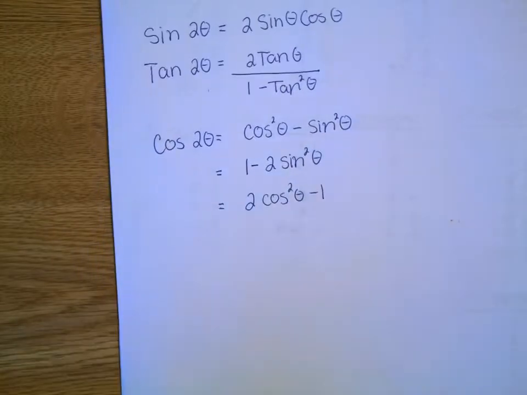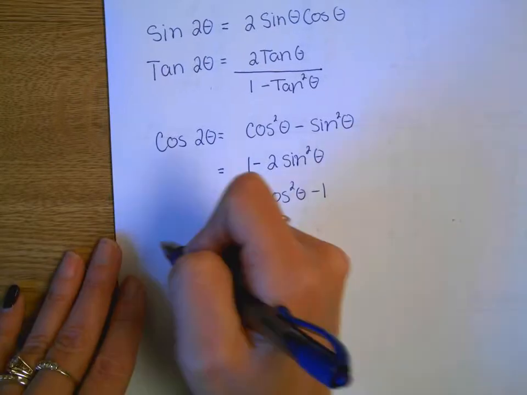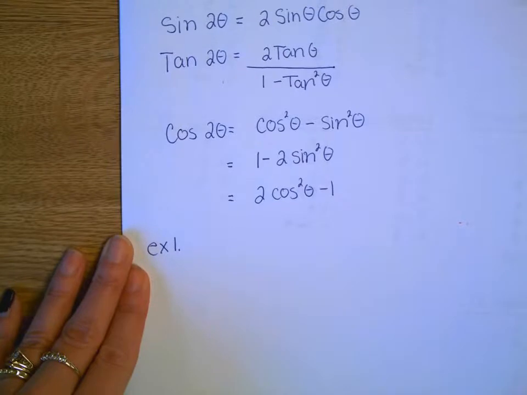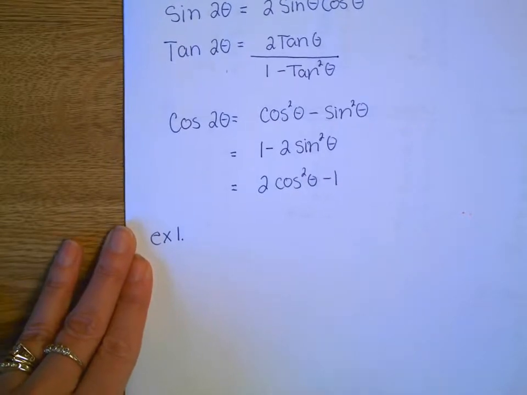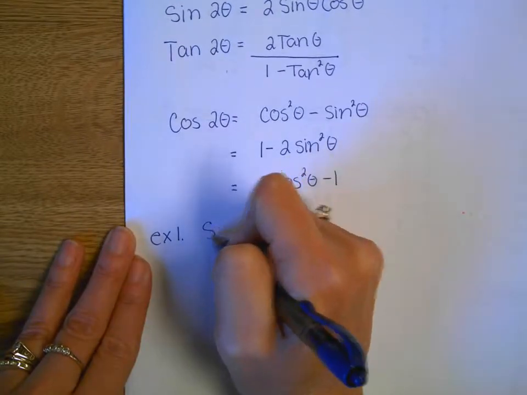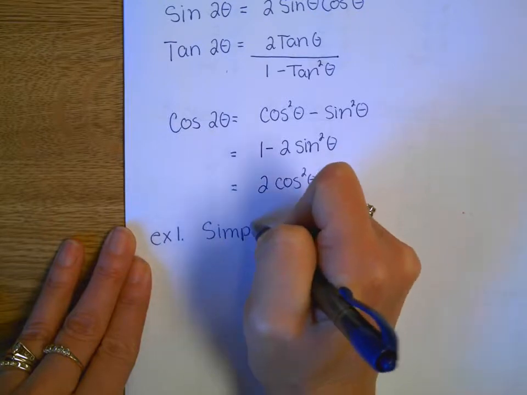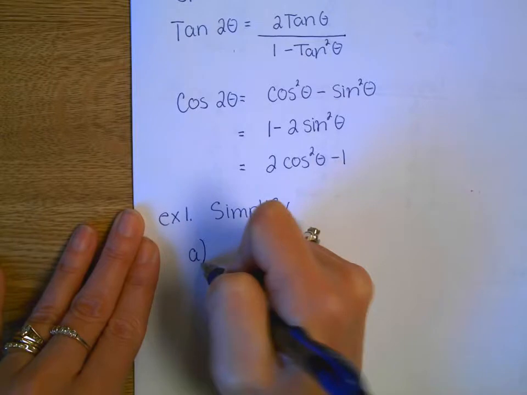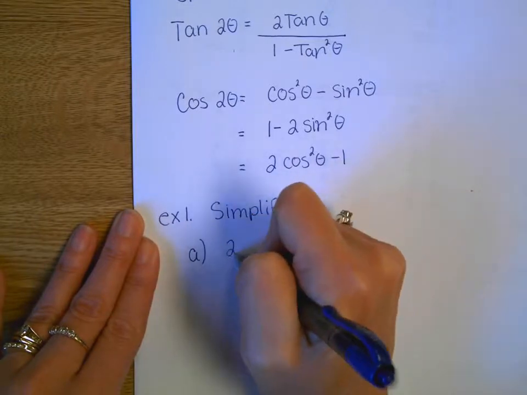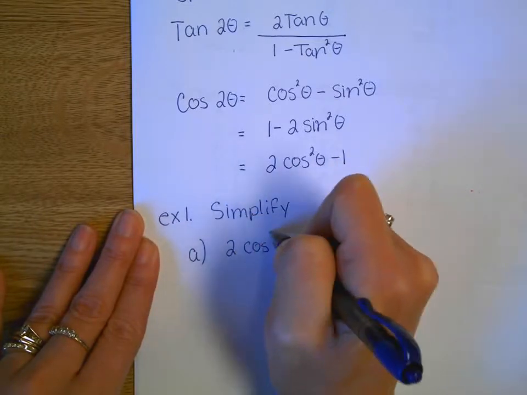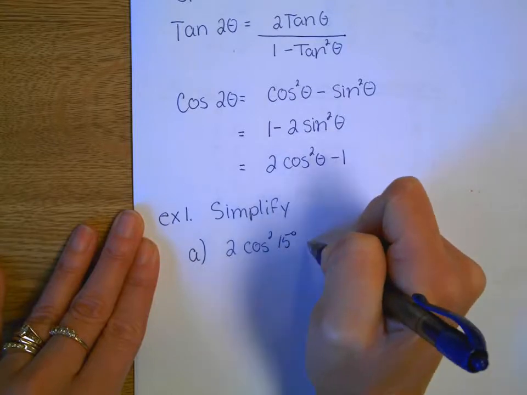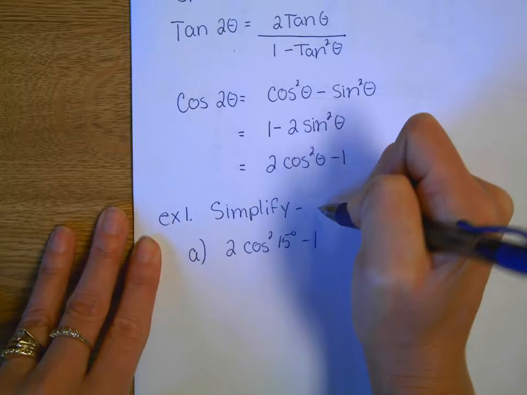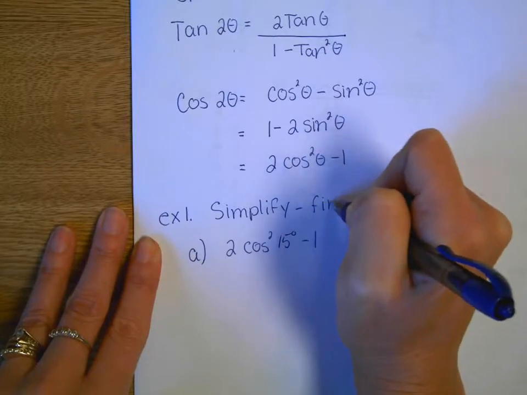Okay, let's go here. We want to simplify here. Two cosine squared of 15 degrees minus 1. Simplify or find exact value, whatever the case might be.